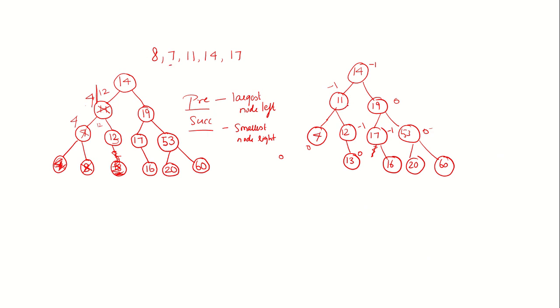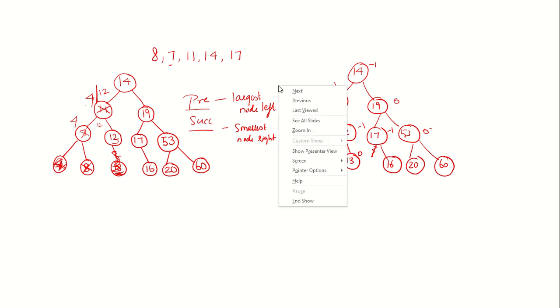Next you have to delete 11. If I want to delete 11, then I told you there are two possible solutions. You can replace 11 with 4 or you can replace 11 with 12, right? So let us replace 11 with 4. Now 4 will be deleted and I'm going to replace 11 with it, and then the balance factor will be affected, right?